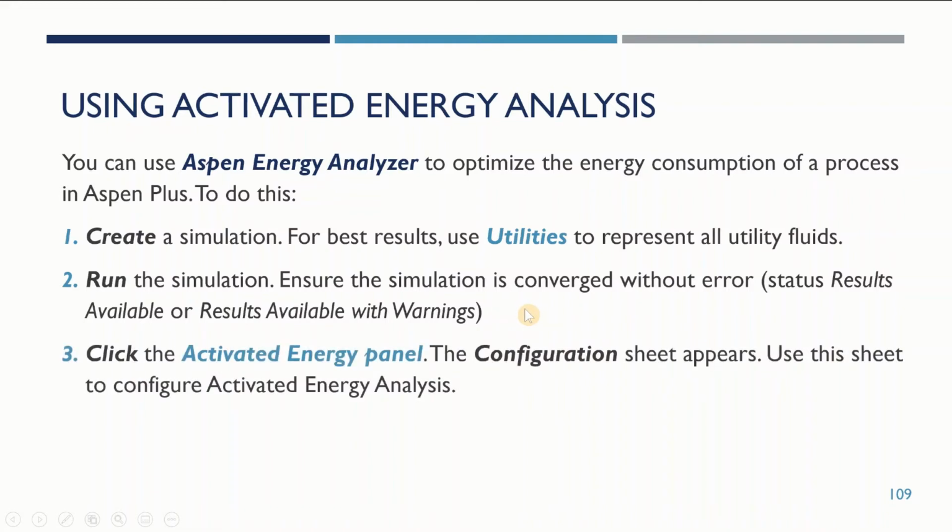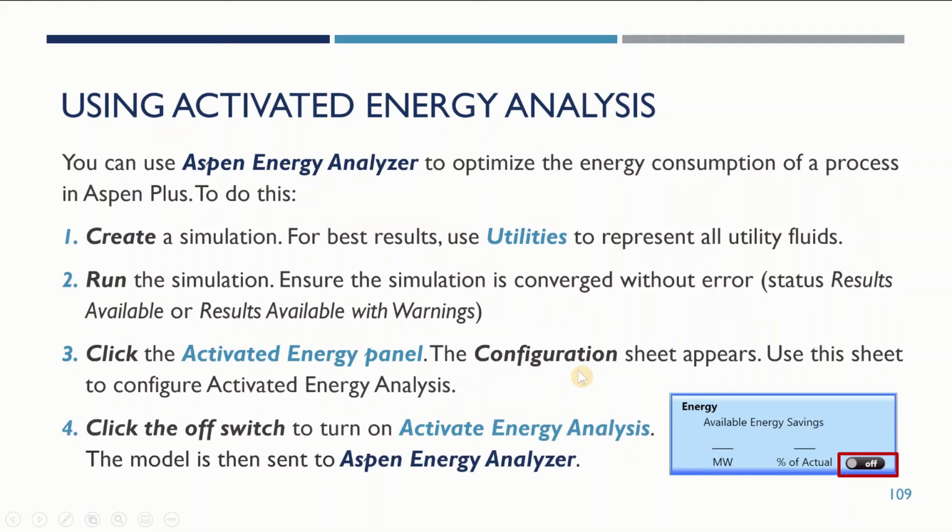Then, click the Activated Energy panel and the configuration sheet will appear. Use this sheet to configure Activated Energy Analysis. Then, click the Off switch to turn on the Activated Energy Analysis, as shown here.